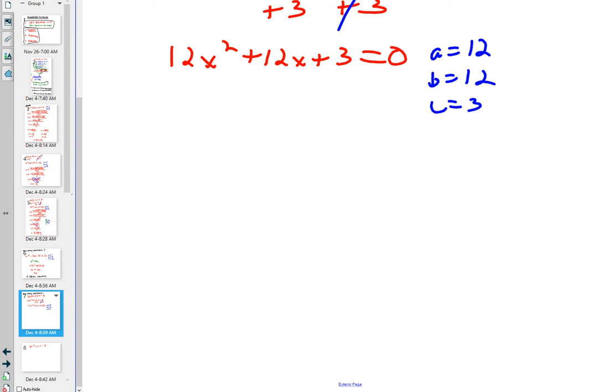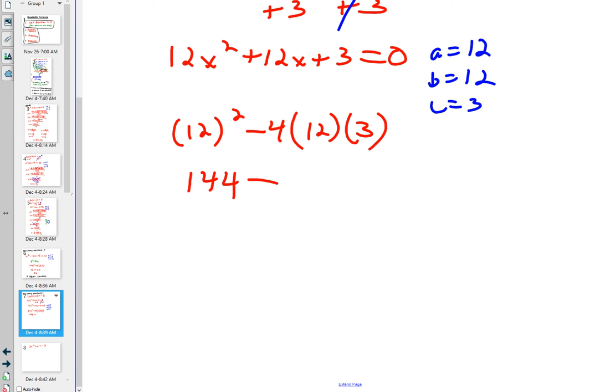But now, since I only want to know how many solutions, I'm not going to plug these numbers into the full quadratic formula. I'm only going to plug it into b squared minus 4ac. 12 squared is 144. 4 times 3 times 12 is 144.